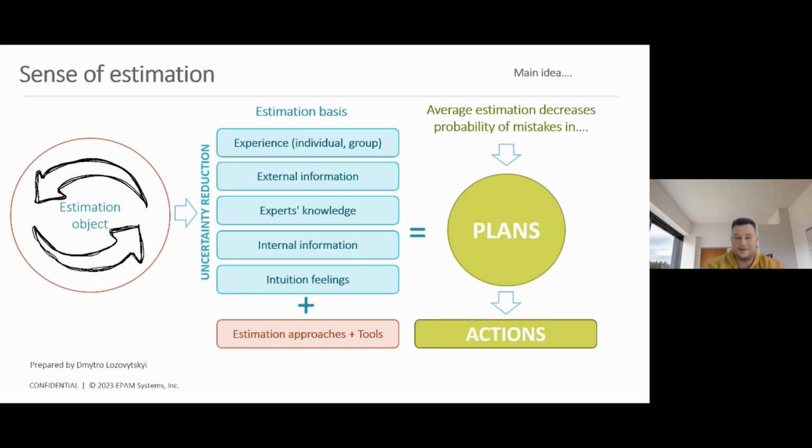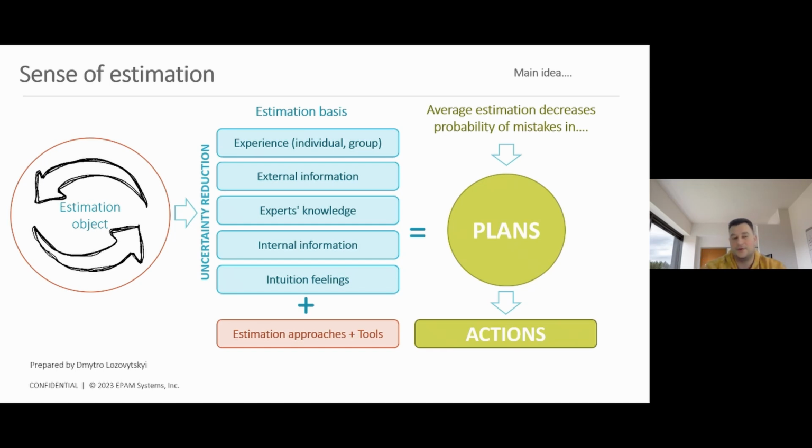And we have some kind of estimation basis that we reviewed on the previous slide. I don't want to go through all of them again, because you know what we are talking about right now. And we have an additional point in that formula: estimation approaches and tools.